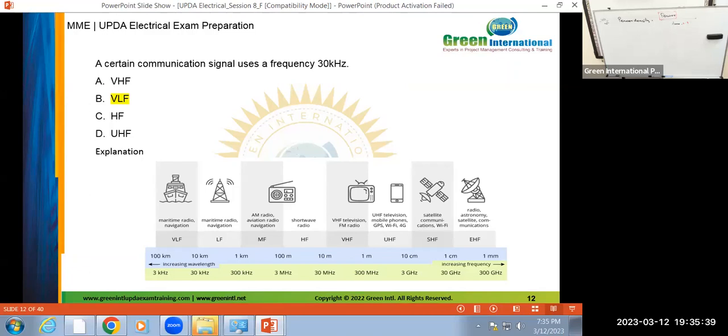Very low frequency, low frequency, medium frequency, high frequency.